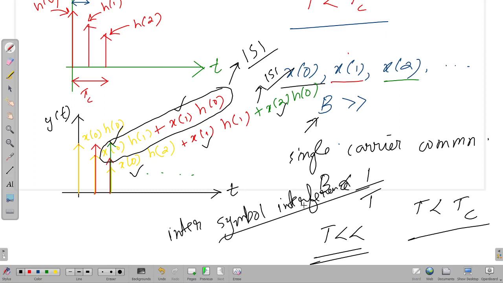And it is a serious problem. You will not be able to recover any of the signals x of 0 or x of 1 out of this, right? So you have this problem of inter-symbol interference when you have the symbol duration less than the coherence time. And how can you avoid this?